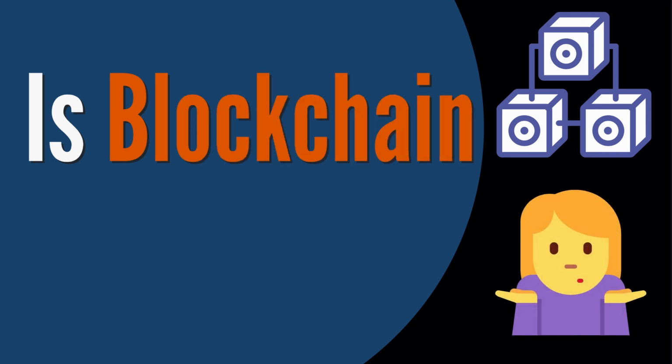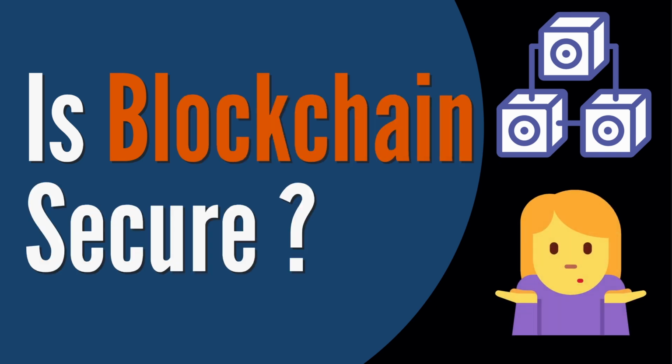But is blockchain really secure? Couldn't someone just hack the block and change the amount of Bitcoin that was transferred? Well, it's not that simple, and here's why. To begin with, new blocks are always stored linearly and chronologically, and they are always added to the end of the blockchain.